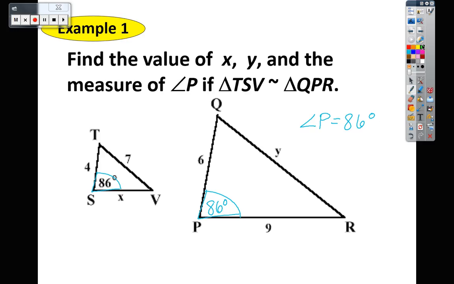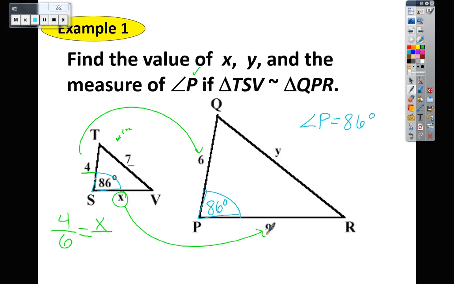Now we check that part off. Now let's find x. This gives you 4, 7, and x. I need to figure out what corresponds with what. Let's pick 4 and let it correspond with 6. If I set up my proportion, I've got 4 divided by 6 equals, and now I have to follow that same pattern. I pick the bottom leg, so that is x, and I put this triangle here first. So I now have x over 9.